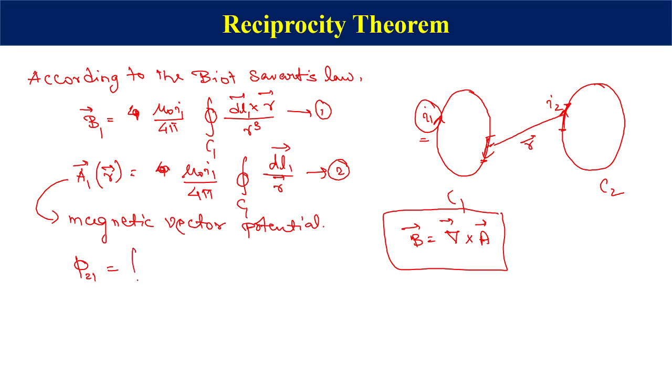That will be given by a surface integral over S2 of B1 dot dS. Now S2 means surface 2. This is surface 1, this is surface 2. If you have some open area bounded by a line, that is nothing but a surface. For example, take a table surface: the perimeter of the table acts as the boundary line which gives rise to a circle.